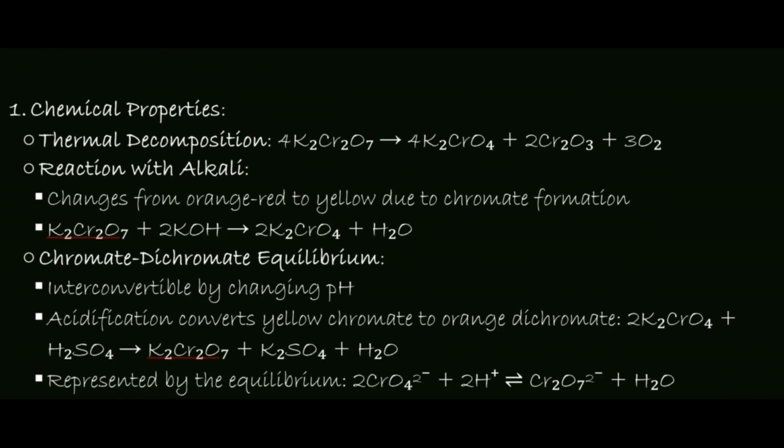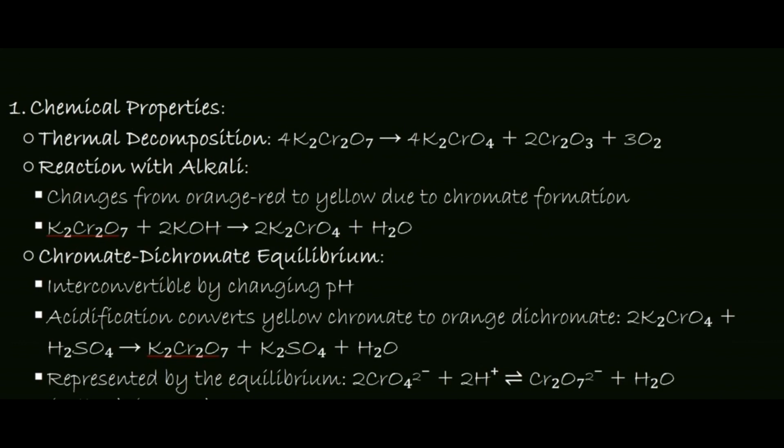Thermal decomposition: K2Cr2O7, if I pass heat, will form chromate, Cr2O3 and O2. Treating with alkali, orange red is converted to yellow due to chromate formation, and chromate and dichromate maintain an equilibrium, so it changes according to pH changes.